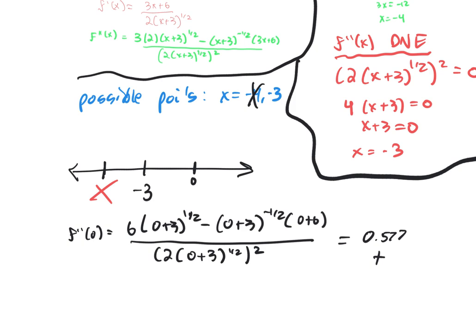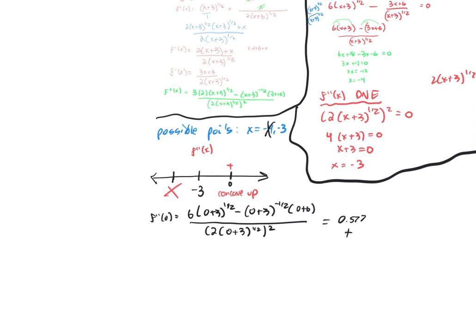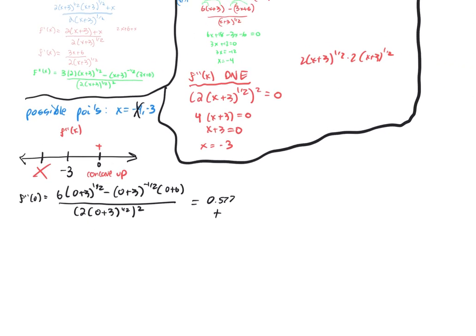So, since we know that the sign of the second derivative here is positive to the right there, we know that it is concave up, okay? Now, with it being concave up, I do want to point out, if we think about the graph of this for a second, if you do graph it, here's what you would find, okay?